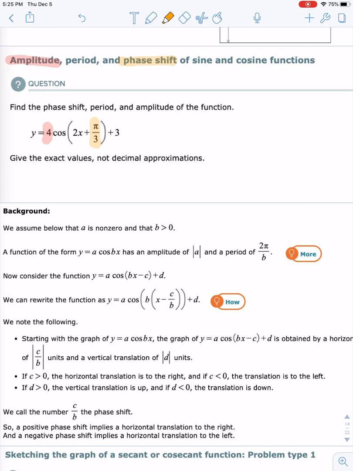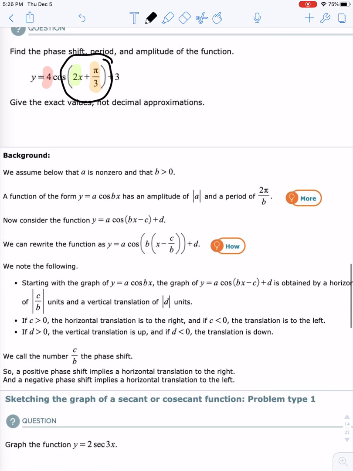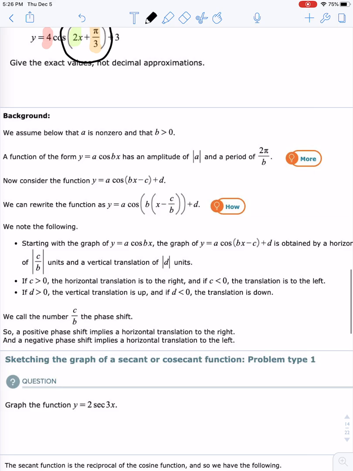And for period, we're going to use this 2 to help us out. We're going to need to rearrange how this is written so that we can pull out the correct phase shift. So we're going to look at a little bit of instruction on this one.